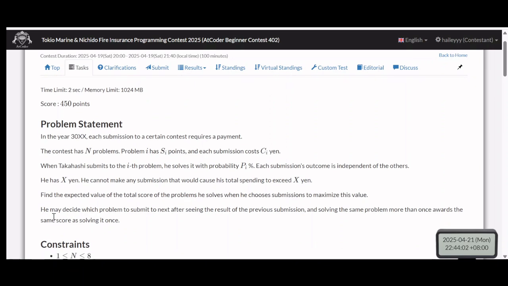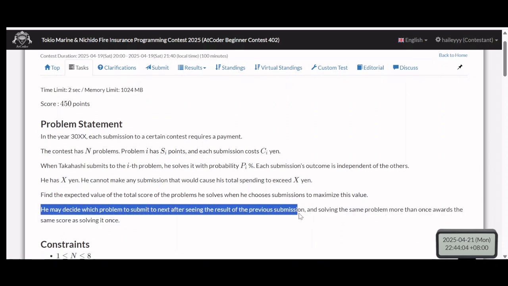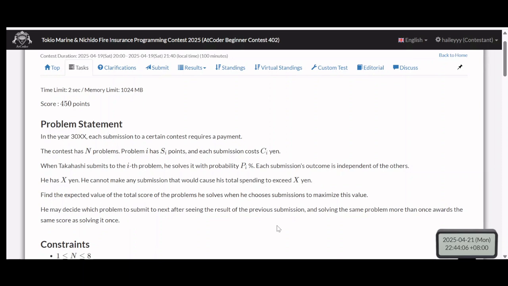Even if he submits any problem more than once, he is only awarded the score once. So even if he gets one problem correct many times, it only counts as once.